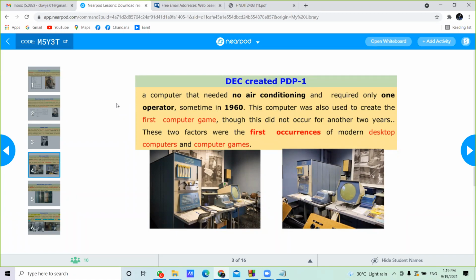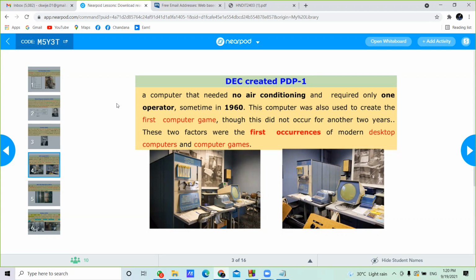It was also the computer used to design the first computer game. Today we can see very developed computer games and computers, and this is the first occurrence that led to today's modern computers.